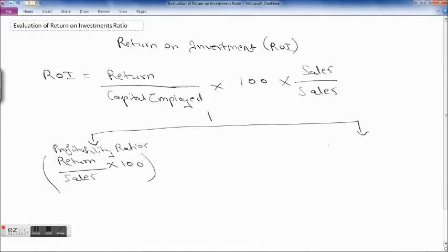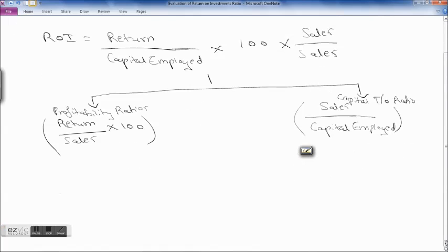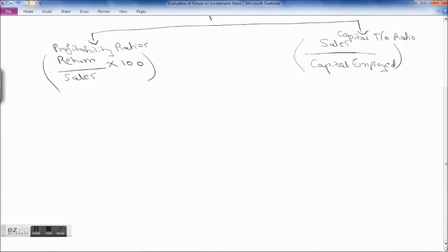Then the next is sales upon capital employed. If you see carefully, that is the capital turnover ratio. So basically return on investment depends on your profitability ratio and the capital turnover ratio.